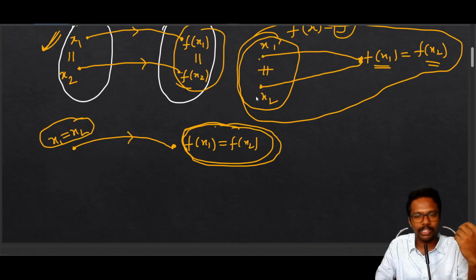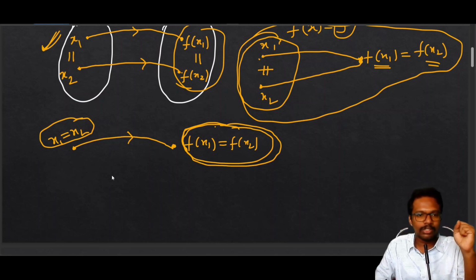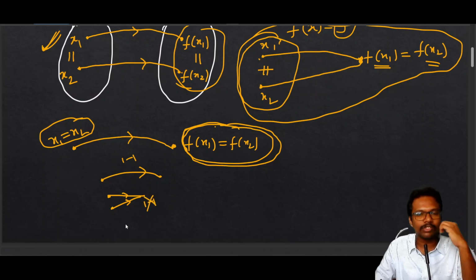Many means x1 and x2 are many to 1, two points are going to only one point. If one point goes to one point, that is 1-1. If two points go to one point, if there exists any like this, there will be no unique image, then it is not 1-1. It becomes many-one.